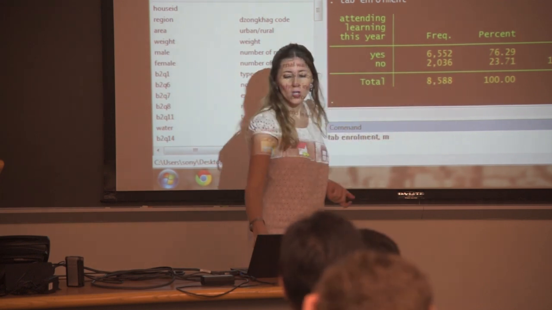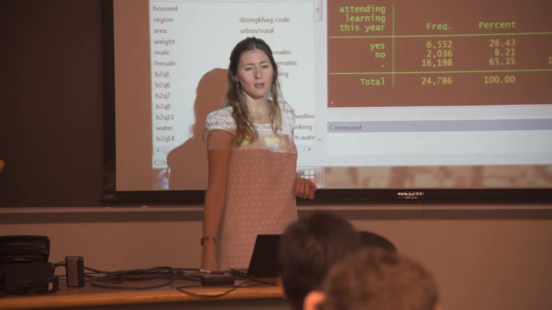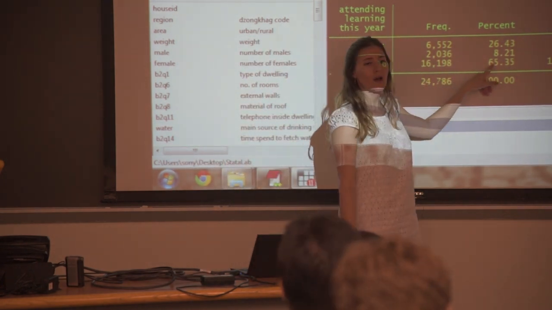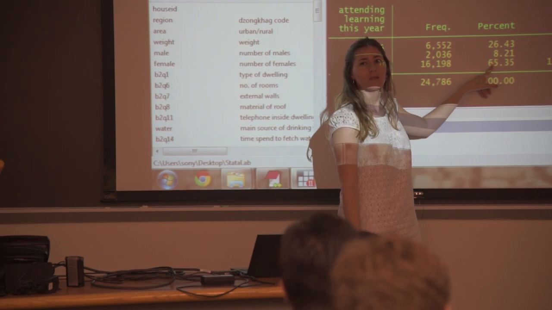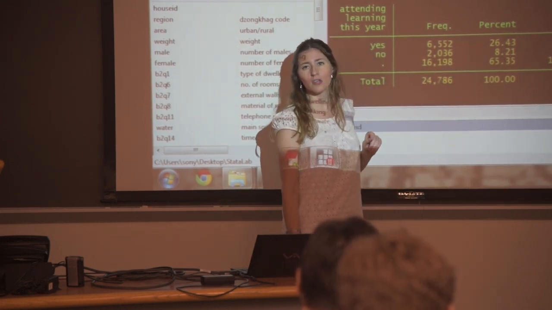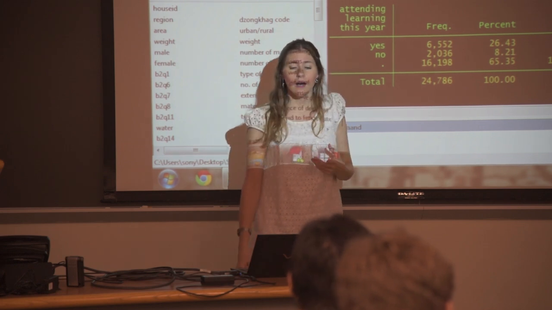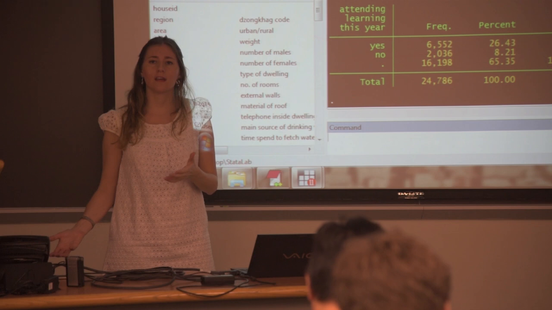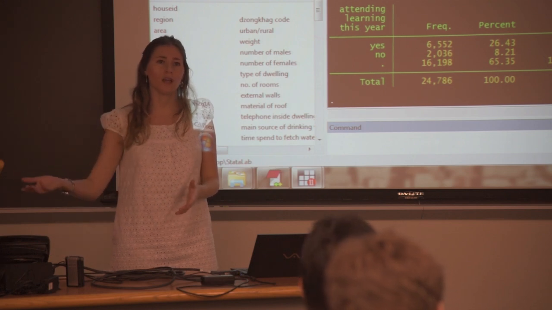It's much lower. So we add the option missing at the end. And we find that actually 65% of the population don't have information for enrollment. And when we actually consider that, only 26% of the population are attending. Now, that includes old people that of course are not attending. They are past school age.